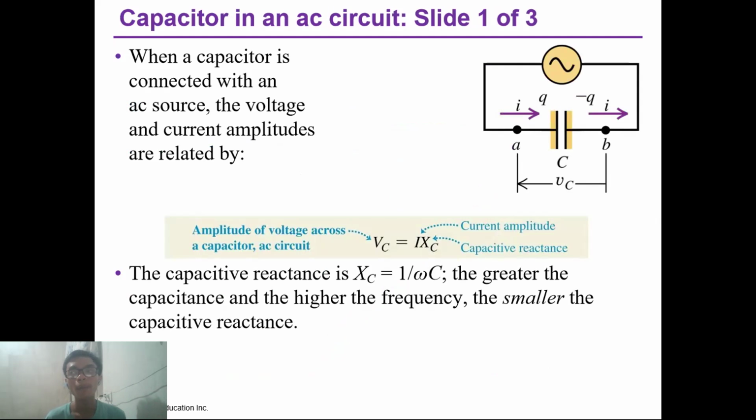So we have here a capacitor in an AC circuit. When a capacitor is connected with an AC source, the voltage and current amplitudes are related by this formula.